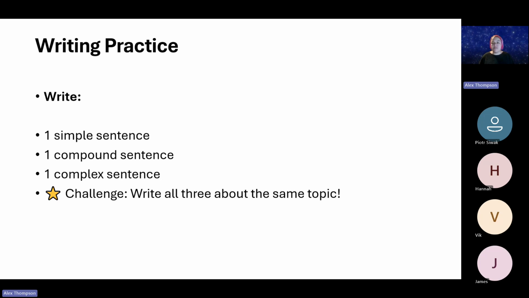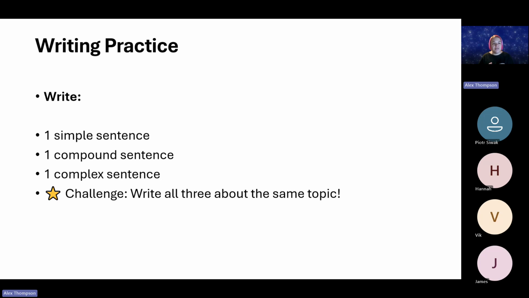A simple sentence is usually one personal thing with one action. If we're doing a compound sentence, take the simple sentence that you've written, do another one, and then choose: are you going to join them together with one of those conjunction words, or are you going to use a semicolon? Which is the most appropriate for your sentence?